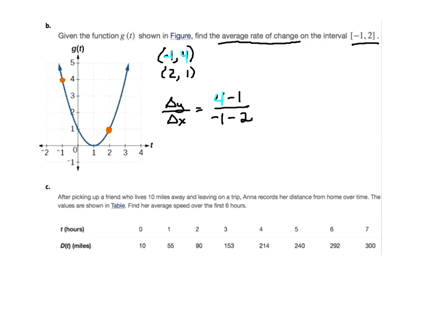I used my 4 first, so I used my -1 first in the denominator. And here I have 2, 1, so both of those values were used second. And it's always subtraction that you're doing between them. So you've got to make sure that whatever point you start with in the numerator, that's the same point that you start with in the denominator.